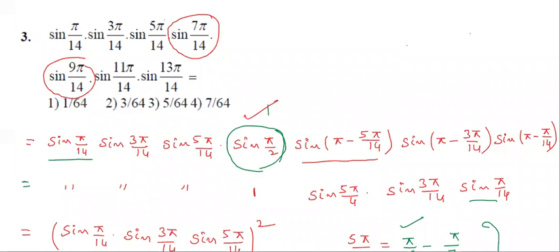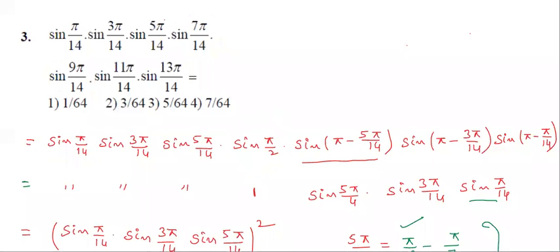So the first three we can keep the same, and the fourth one we got 90 degrees, sine 90 is 1. Now the remaining three, observe that the last three terms are in 180 minus theta.